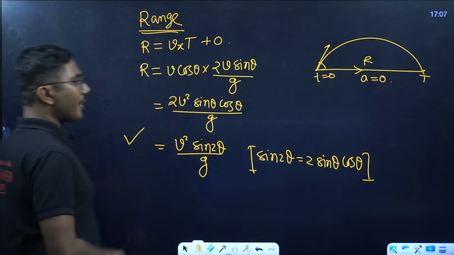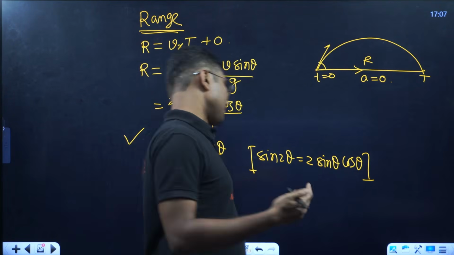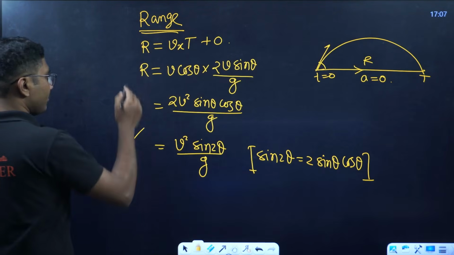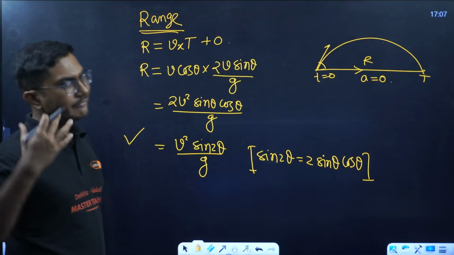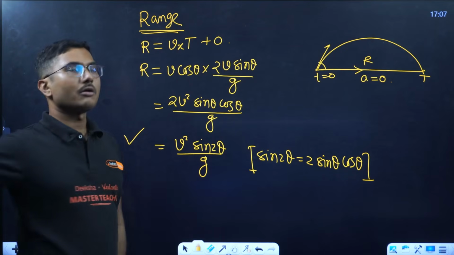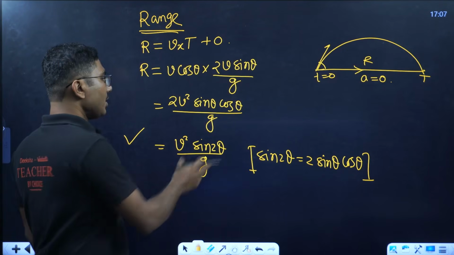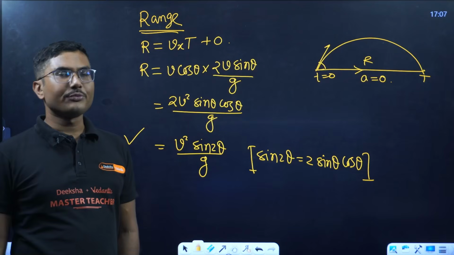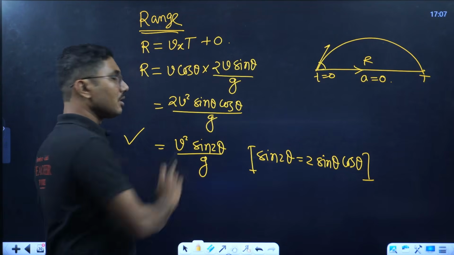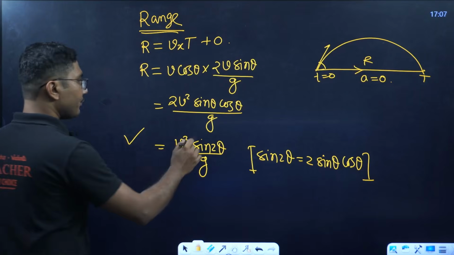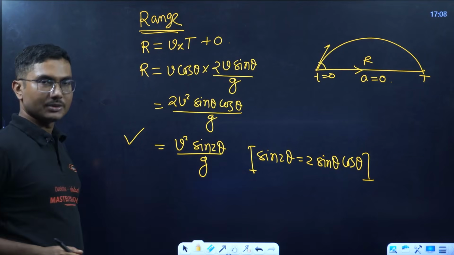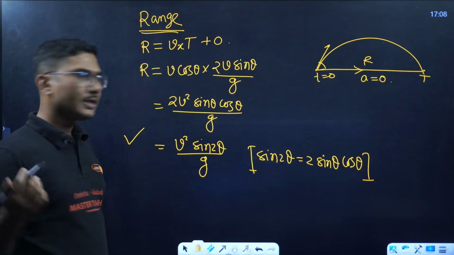So where do you think this range becomes maximum? Range is given by this formula. Now v square is a fixed value, and the gravitational constant is constant by nature. So we can control the angle theta to get the maximum range. If sine 2 theta becomes maximum, then we get the maximum range.